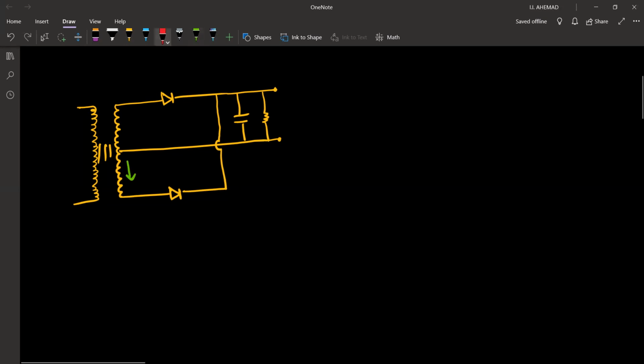Now, when current is induced in the downward direction, this diode gets forward biased. So current will flow through this, and through this resistor the current flows down and returns back to this point. If the current is induced in the upward direction, this diode gets forward biased, and current flows through this downwards, and through this wire again it returns.